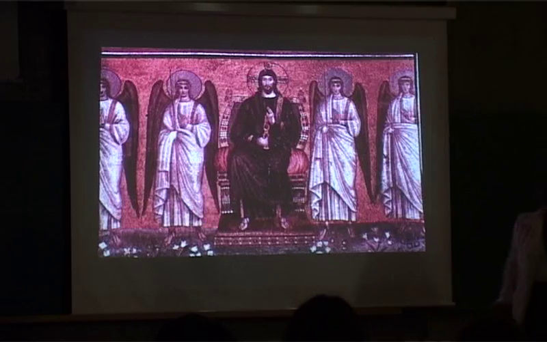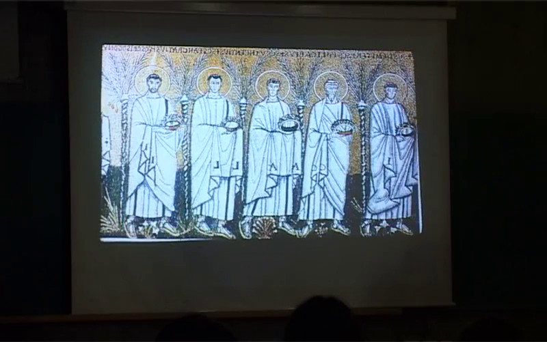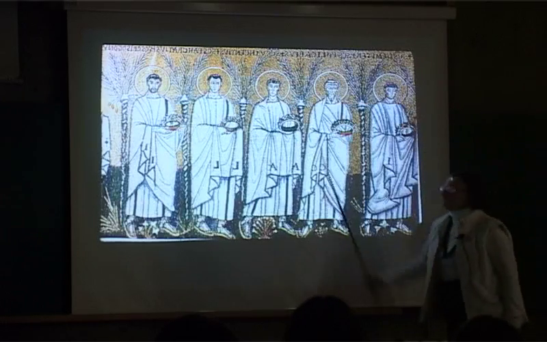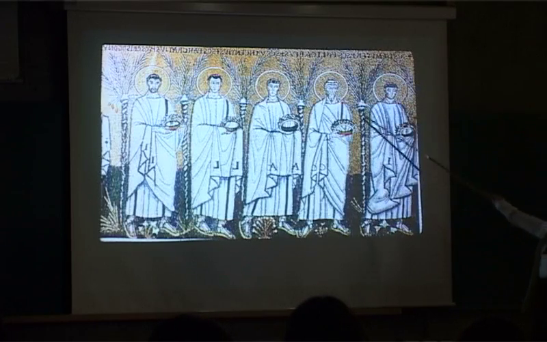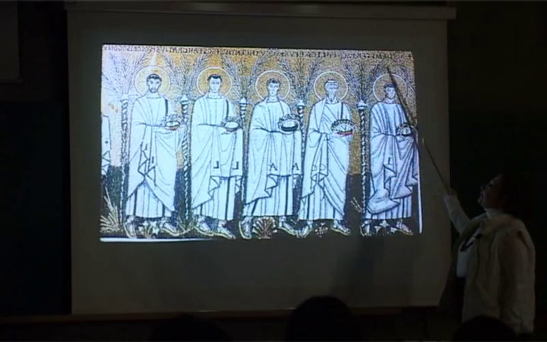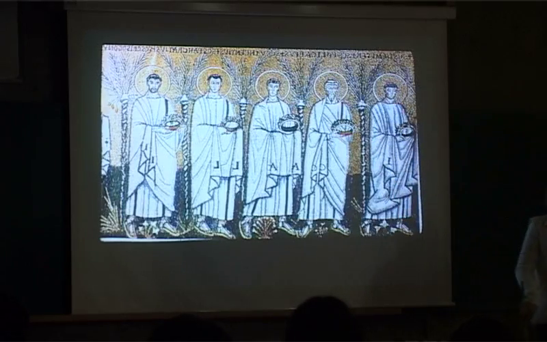And the figures are moving toward Christ, the male saints on one side and the female saints on the other side, and they are all set against the background of golden mosaics composed of tesserae.